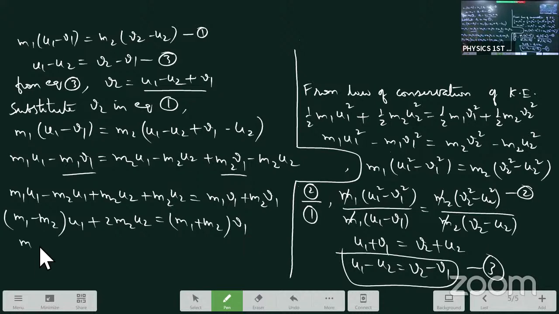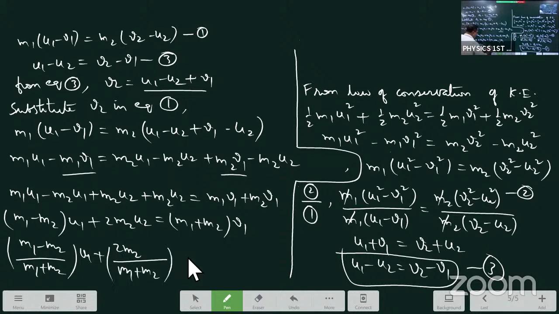That is V1 equals (M1 minus M2) by (M1 plus M2) into U1, plus 2 M2 by (M1 plus M2) into U2. So this is the V1 value.